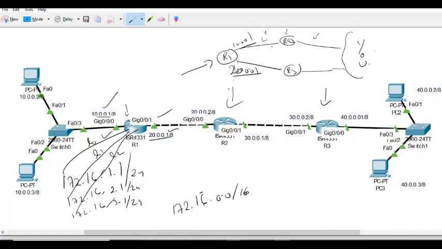Instead of doing like that, if I have a loopback interface with address, let's say, 1.1.1.1, you ping from here, it will go to 1.1.1.1 this way. If that way is broken, automatically it will go via this way and you will get the ping.